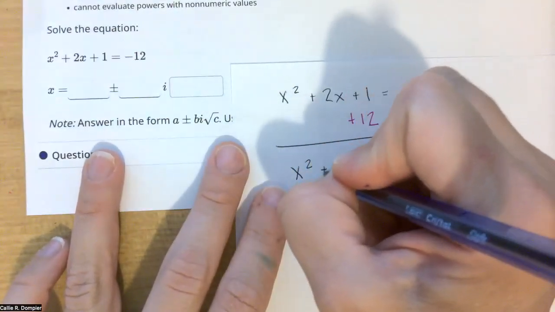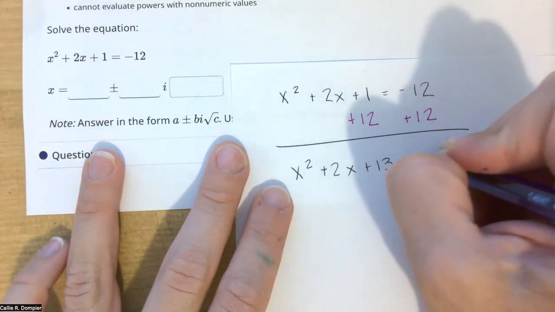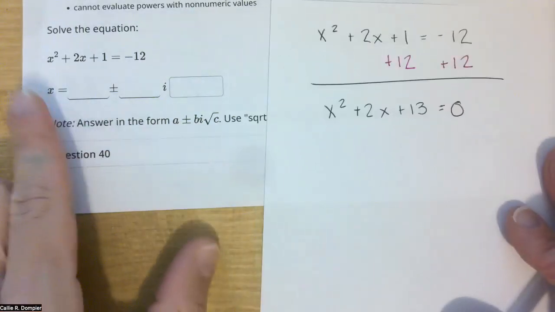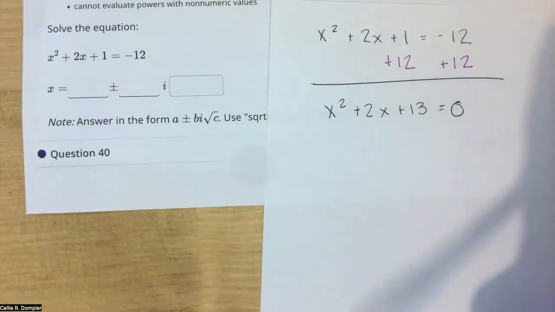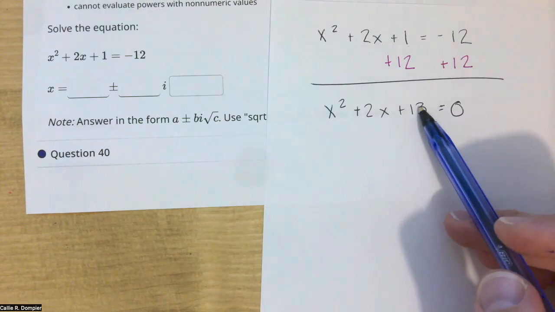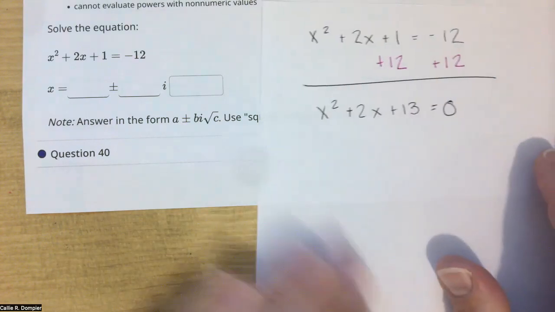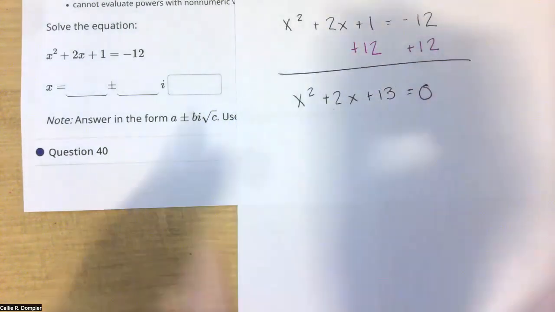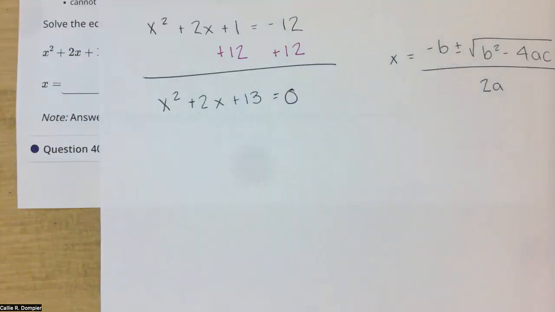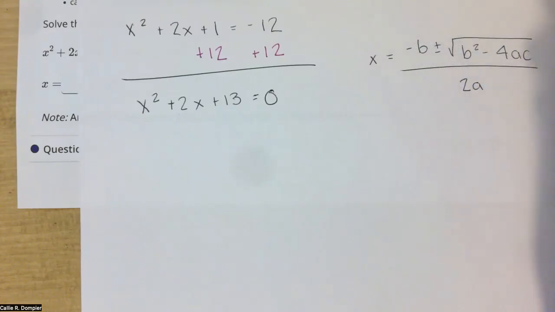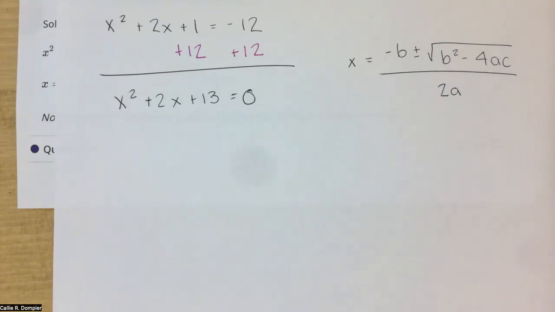x squared plus 2x plus 13 equals 0. Now you're welcome to try to factor it, but based on this, I don't think it's factorable, and the 13 isn't great, right? It would either be 1 times 13 or negative 1 times negative 13, and neither of those add to 2. So I guess we have to do the quadratic formula. The quadratic formula is x equals negative b plus or minus the square root of b squared minus 4ac, divided by 2a.